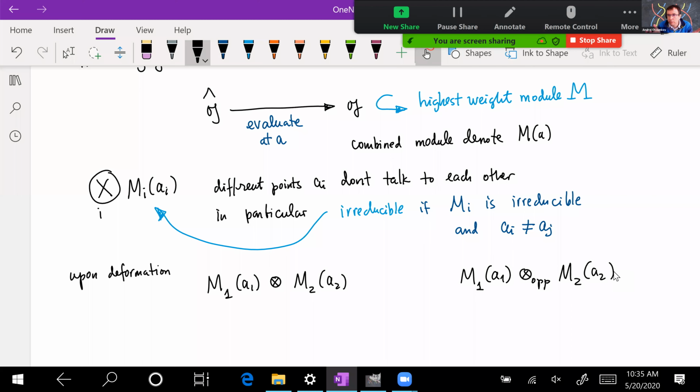You'd think that what could have happened to these two irreducible modules? They're probably isomorphic.